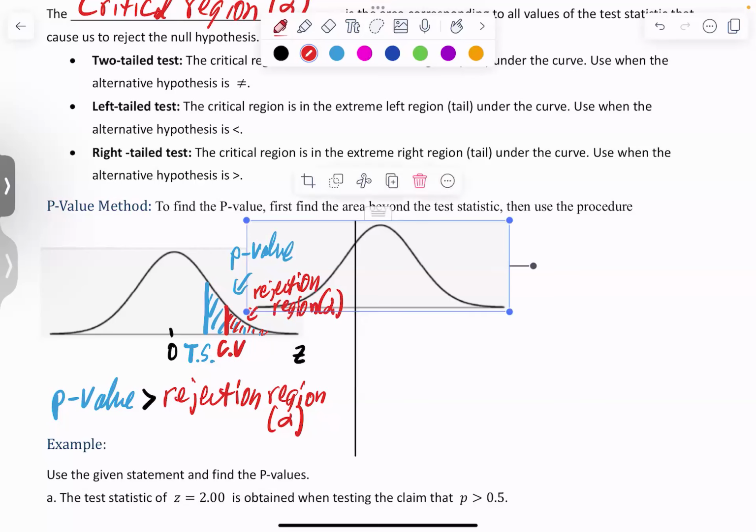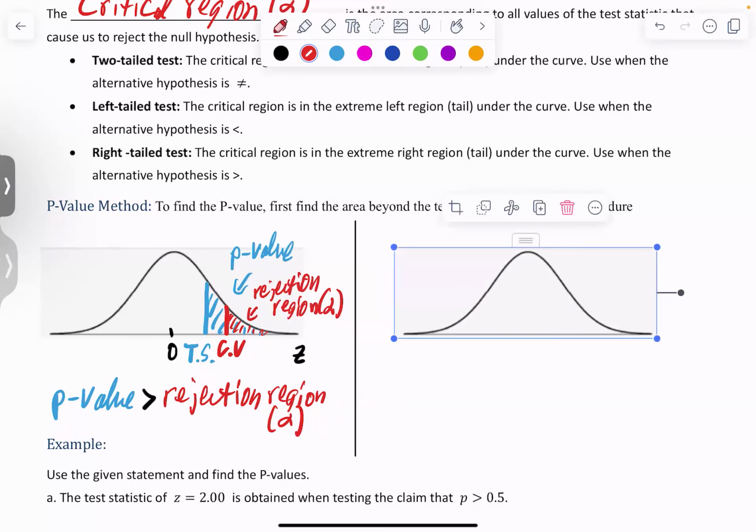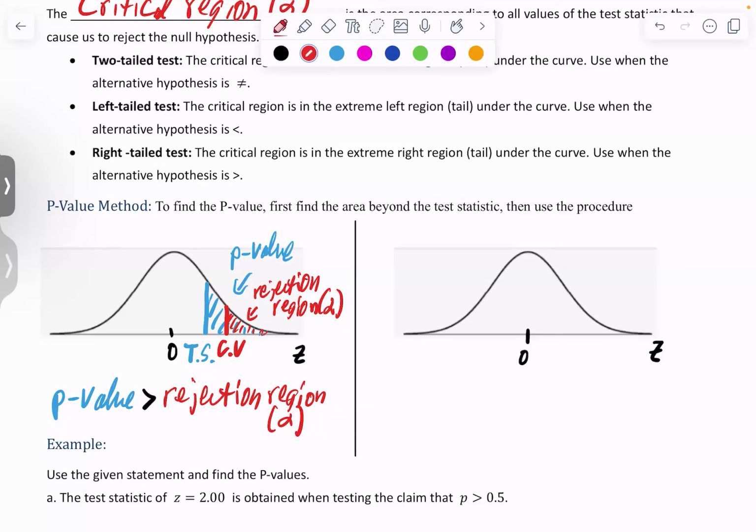And the other side of that, over here, we have Z. And I'm going to say that we're going to have the same critical value. And again, this is our rejection region. Now we're going to be here.